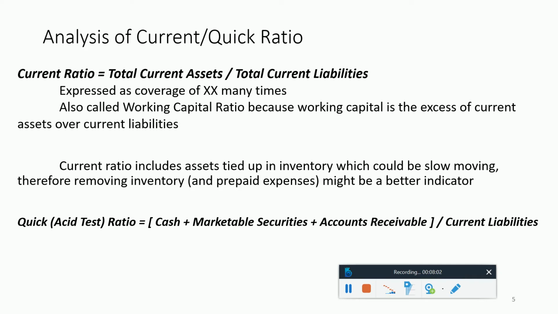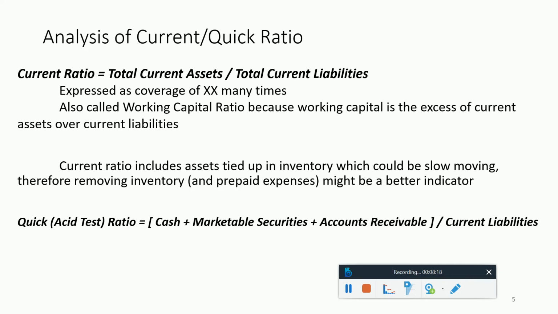So the quick or the acid test ratio basically takes your cash plus any marketable securities that you have on your balance sheet, as well as your accounts receivable balance, and divides that by your current liabilities.